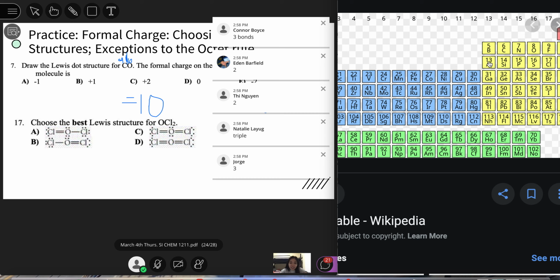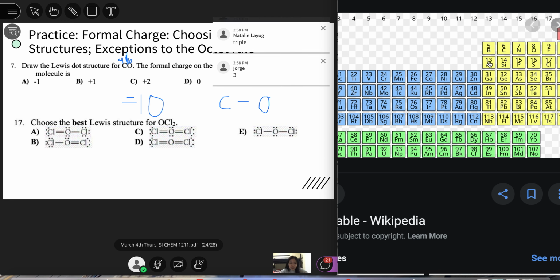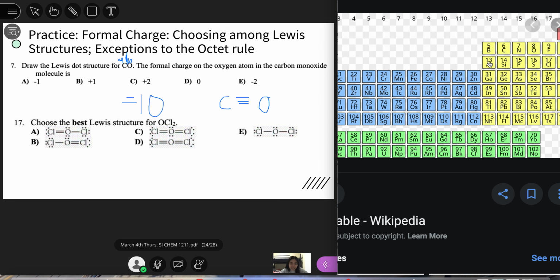You need a triple bond. You would need 3 for this because you need 10. That's 2, 4, 6, 7, 8, 9, 10. And you could do 2, but it's not the most efficient way. You want the best way. This is the way to do it. And when you do this and you calculate the formal charge, the answer is B. So are we okay on that?